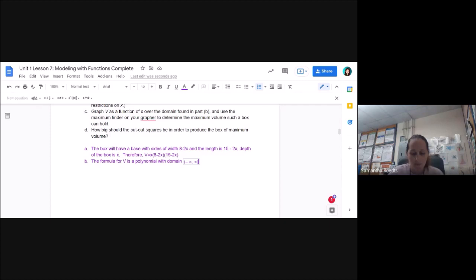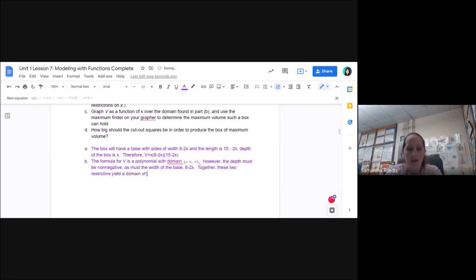So the depth must be non-negative, as must the width of the base, 8 minus 2x. Together, these two restrictions yield a domain of 0 to 4, included.